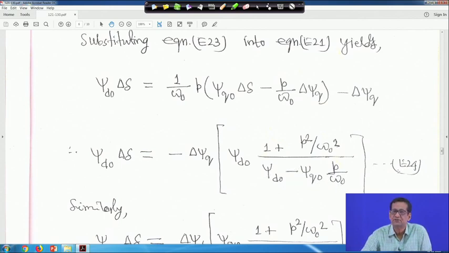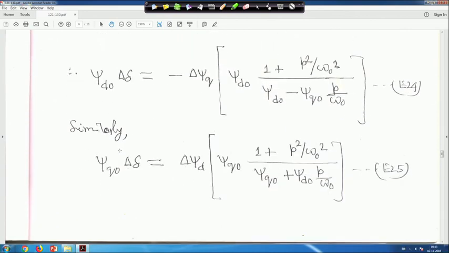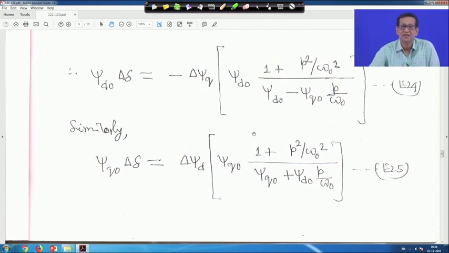This is equation E24. Similarly, you can get this in a similar way, and you will get psi q 0 delta delta is equal to delta psi d psi q 0 1 plus p square upon omega 0 square, divided by psi q 0 plus psi d 0 into p upon omega 0. This is equation E25, right.